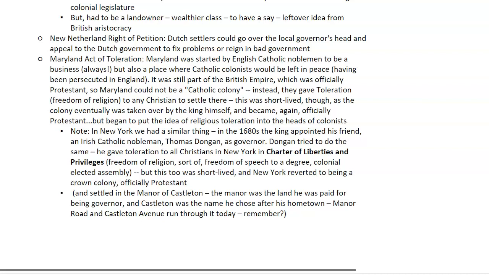A part of the house goes back to that. And Castleton Avenue, which runs the other way, cuts through the manor in that direction, east-west, and the whole thing was called the Manor of Castleton after his hometown back in Ireland. That's a minor bit of trivia.